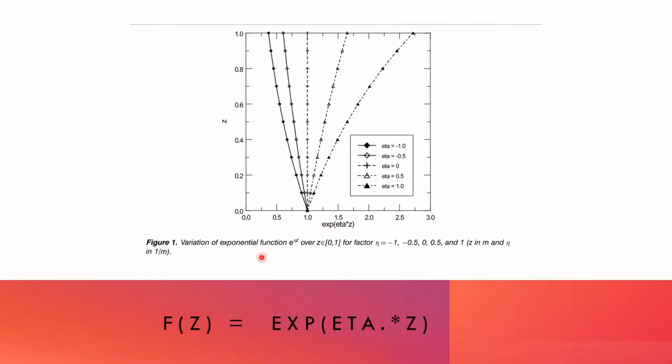The second problem is a function f(z) which is exponential to the power eta z. We can see here that the eta value is changing: minus 1, minus 0.5, 0, 0.5 and 1. Corresponding to each eta value there would be a function f(z), and those functions are plotted here, 1, 2, 3, 4, 5.